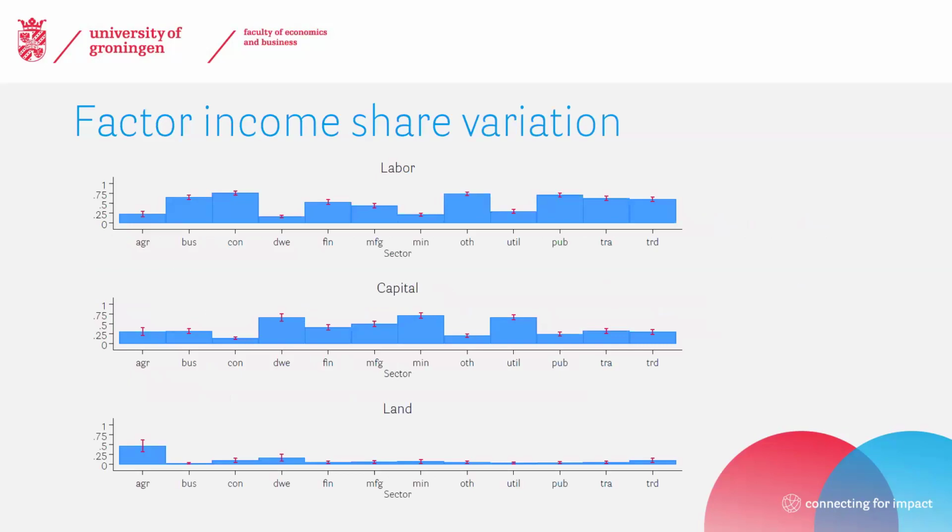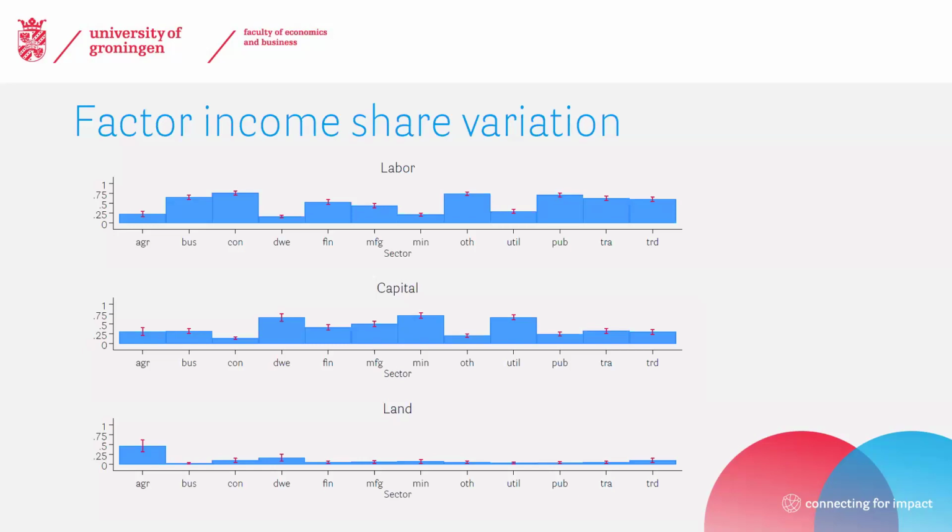What we show here is abbreviated to 12 sectors. Here we have labor, capital, and land shares, and the red range is the interquartile range. I'm not going to go through this chart in detail, but you see, for instance, agriculture, all the way on the left, is quite land intensive, as it should be, but the factor income share going to land also shows quite a bit of variation across countries.